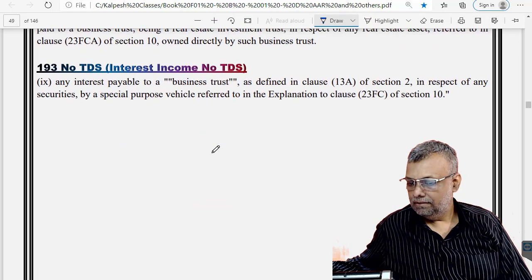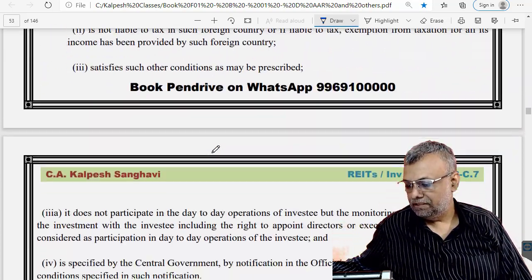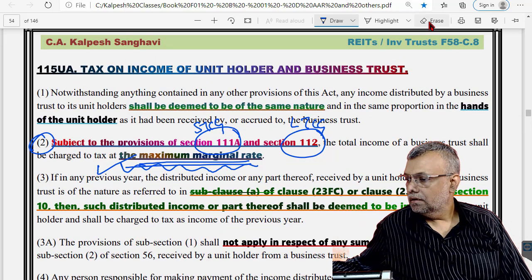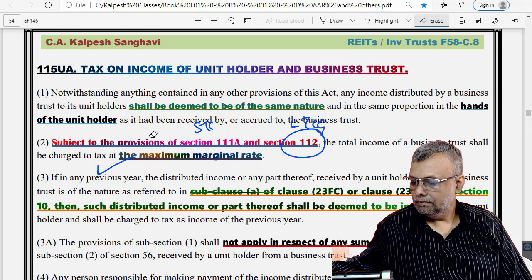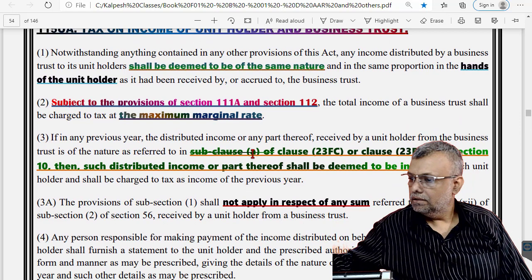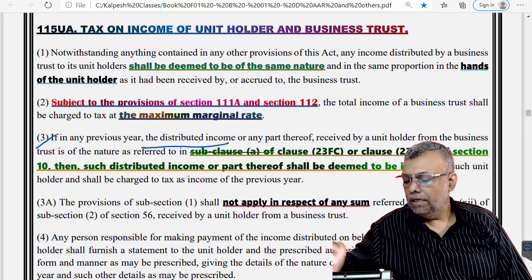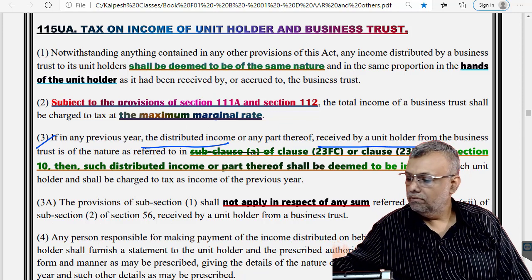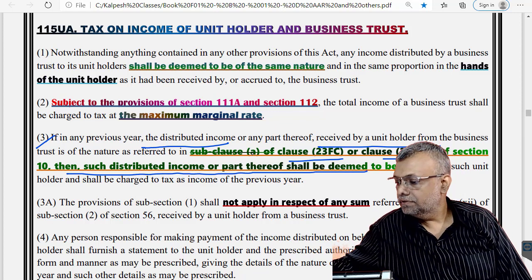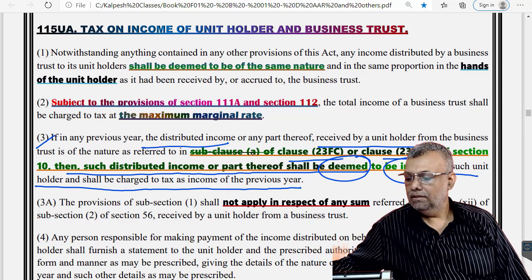First of all, see, there is one very typical interpretation, a very typical interpretation, friends. See, this subclause 3: any money which is distributed or received by the unit holder which is in the nature of 10(23FC) or 10(23FCA) income, then such distributed income or part thereof shall be deemed to be the income of such unit holder and shall be charged to tax in the previous year.